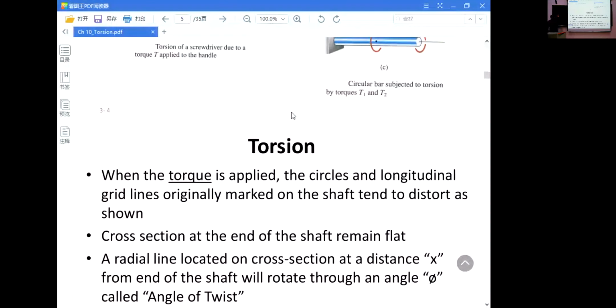Every curve means a cross section. Then draw some longitudinal straight lines. After that, we exert a torque on the shaft.